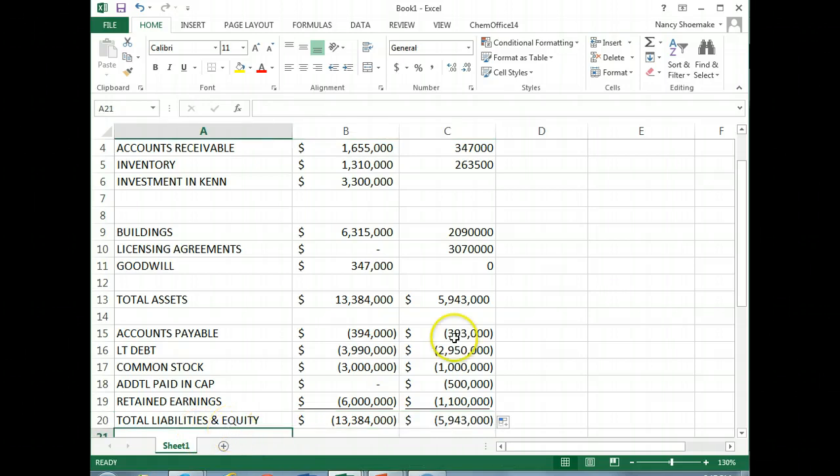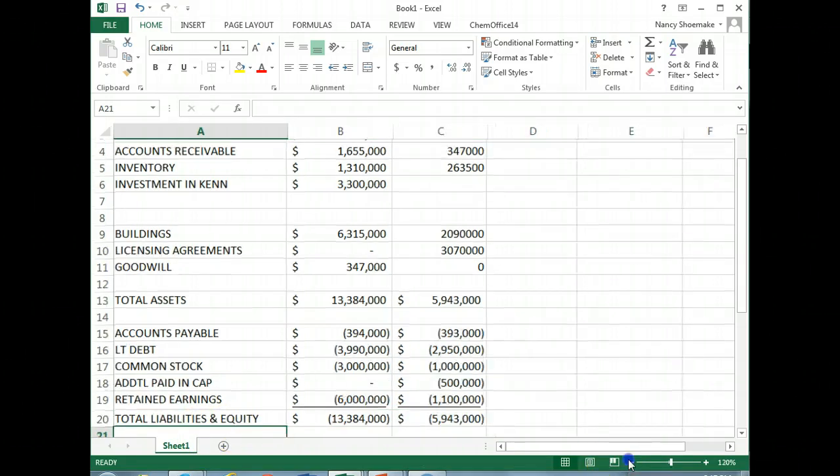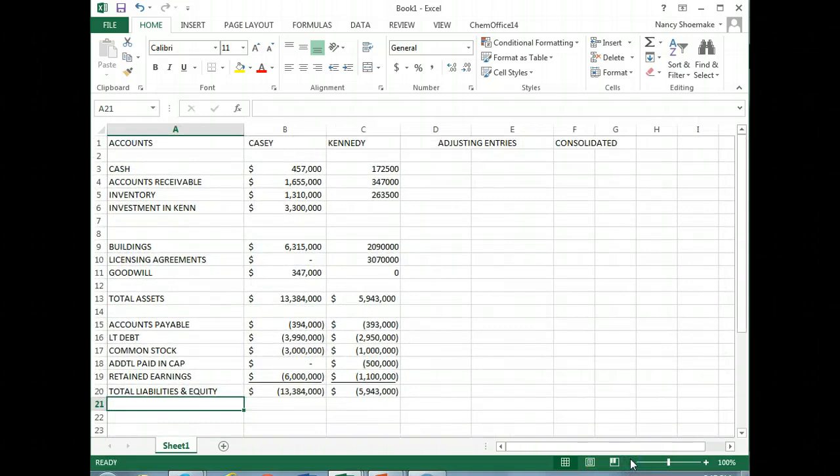So let's talk about some of the transactions we need to eliminate as a result of this subsidiary continuing separately. Okay? We're going to do this different. Because this subsidiary is going to continue separately, we need to treat it as though it's one entity.